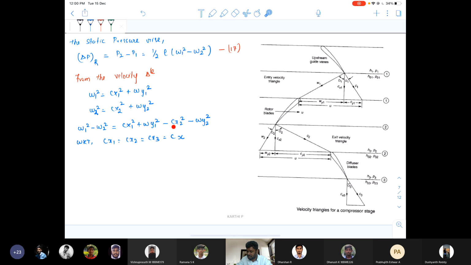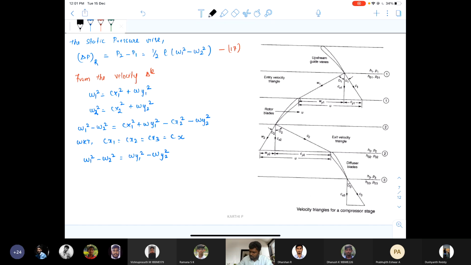Therefore, W1 square minus W2 square will be equal to Wy1 square minus Wy2 square. That is, since we are considering the axial velocity as constant, the above equation will take this form: W1 square minus W2 square is equal to Wy1 square minus Wy2 square.